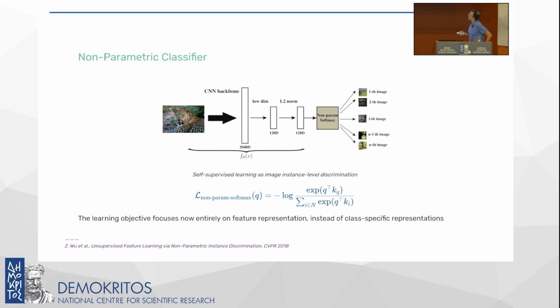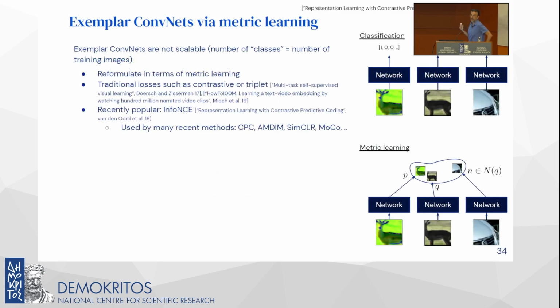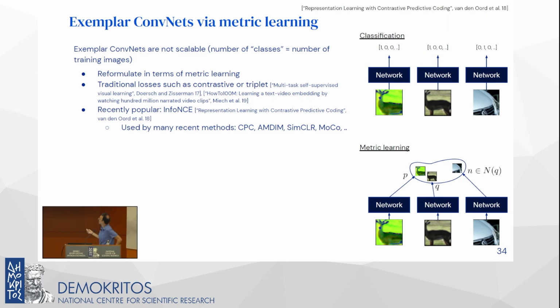The way to overcome this is, instead of formulating this as a classification problem, we formulate it as a metric learning or contrastive problem. Essentially, if we have a pair of augmented images, which are two different views of the same image, we want this pair to be close to each other, have high similarity, and have low similarity with random other images.